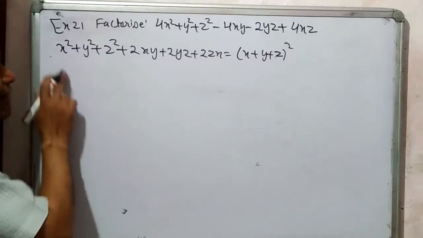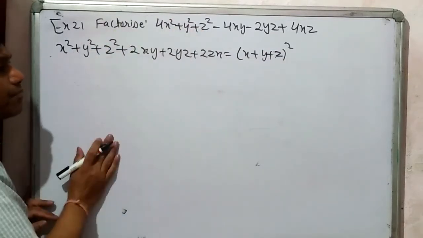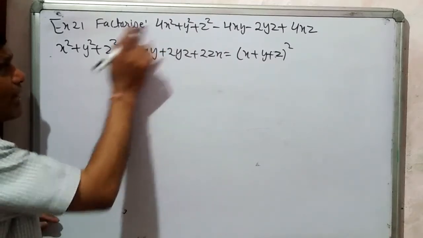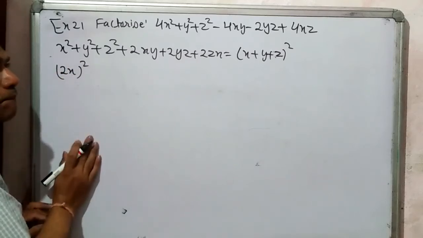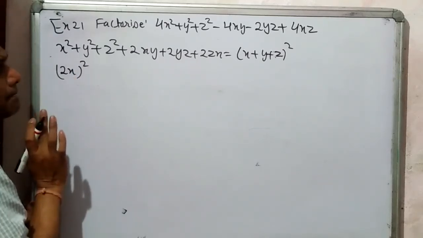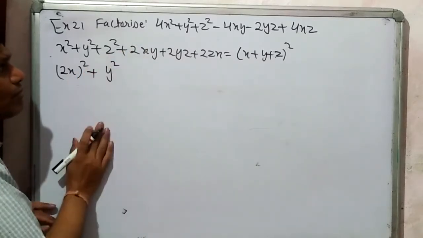Now we have to identify from the 3 squares x, y and z. So can I write this 4x square as twice x square? So in place of x we have 2x. In place of y we have y.